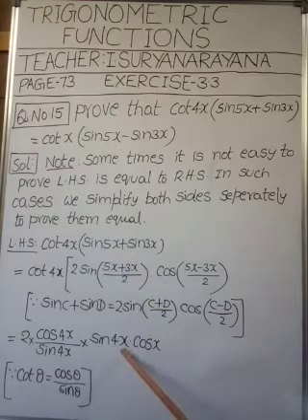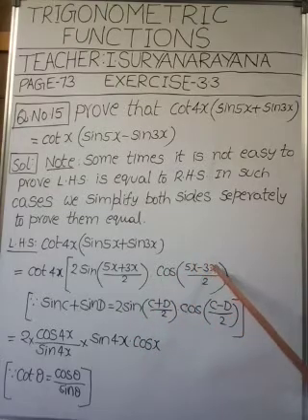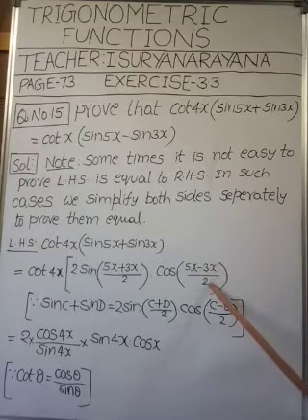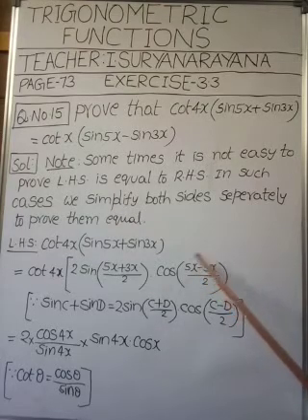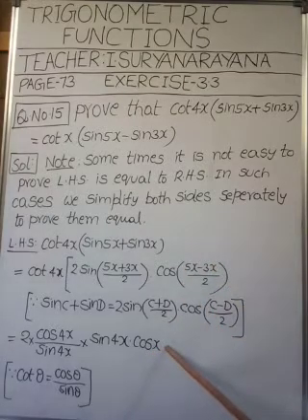Understood this, my children? Into cos of 5x minus 3x, what will you get in the numerator? 2x. 2x by 2, after simplification, finally gives x. So cos x. Understood this step, my children?